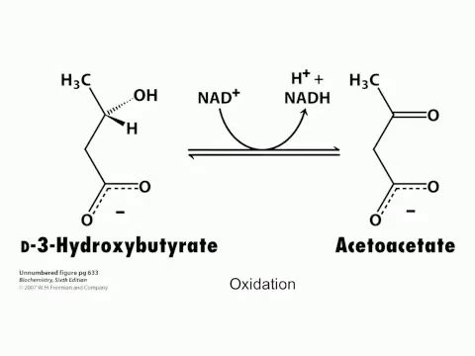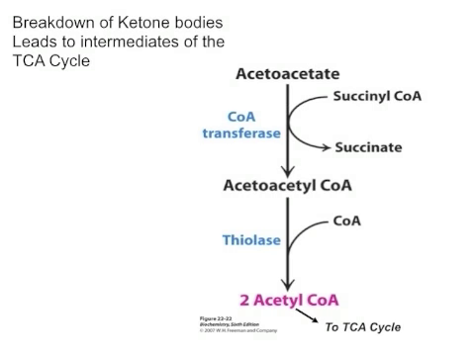In this diagram, we see how D-3-hydroxybutyrate can be oxidized to produce acetoacetate. Acetoacetate can be broken down to make acetyl-CoA, which can then be used in the TCA cycle, and that is shown here.